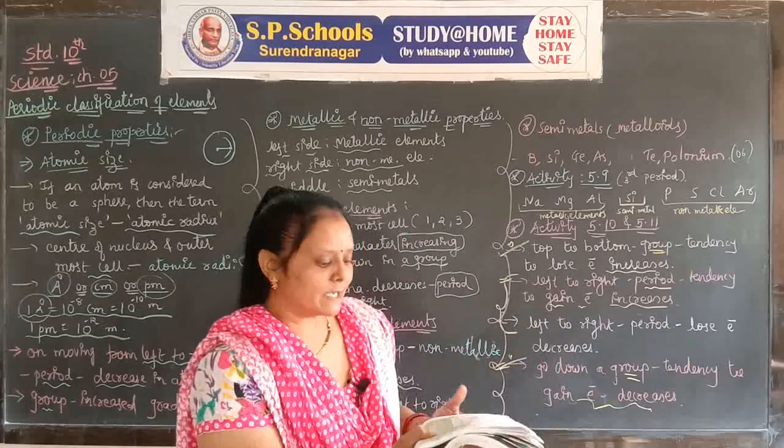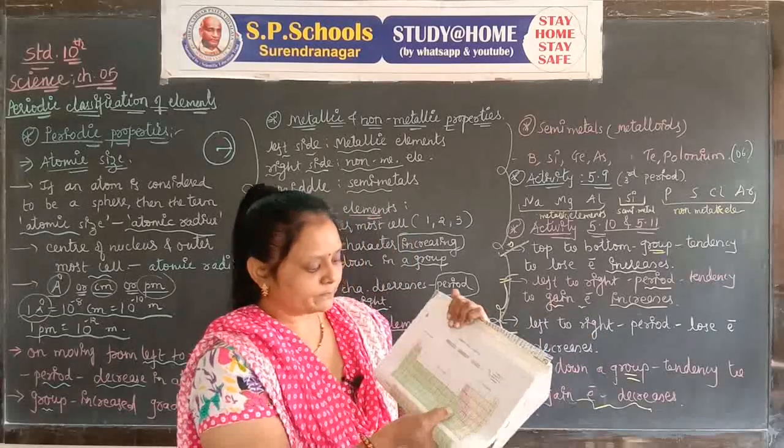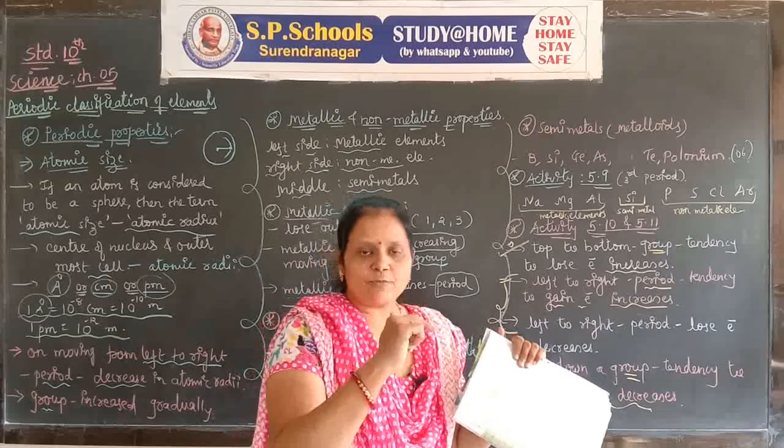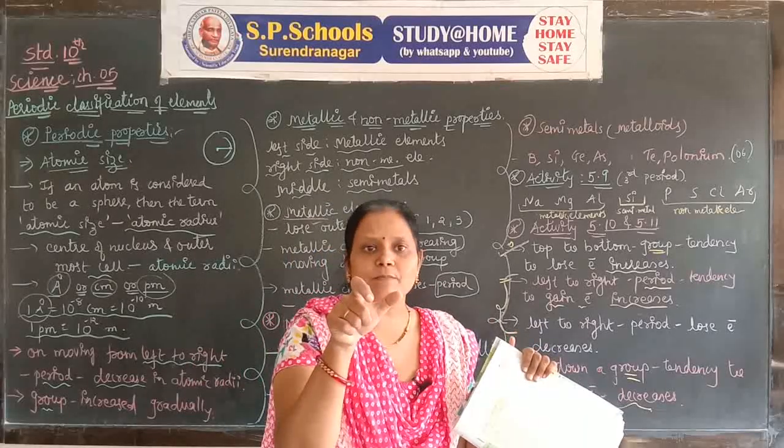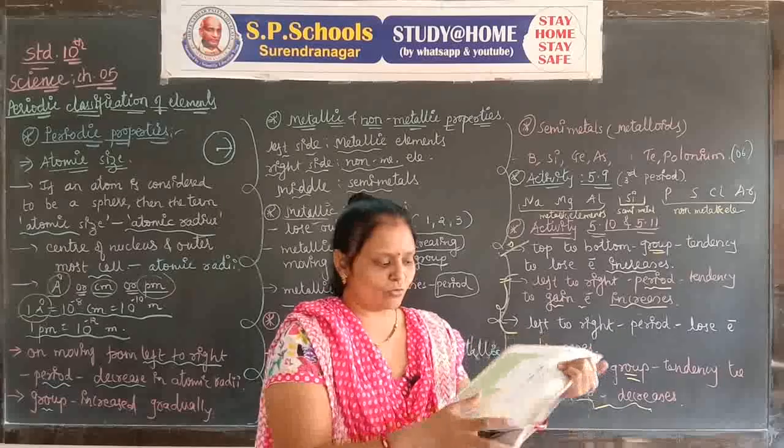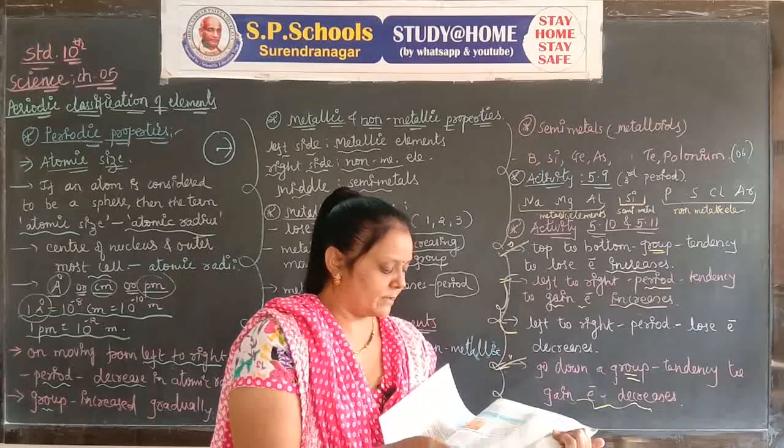But in Mendeleev's periodic table, cobalt and nickel were arranged combined together. Let's clear it.